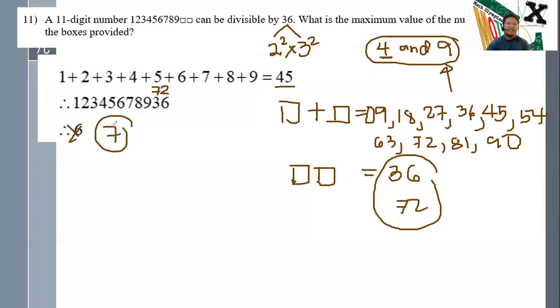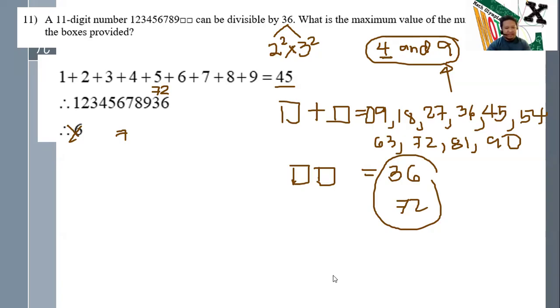I think the correct answer here is 72. Wait, so it should be 7, because 72 is a possible scenario, having the last two digits be 72.